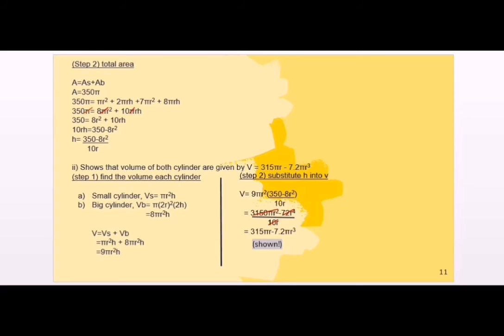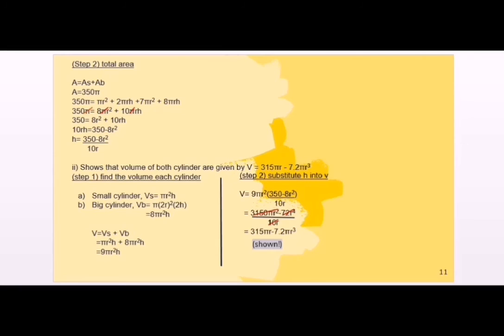Okay, the next question is question number 2, which shows that the volume of both cylinders is given by V equals 315 pi r minus 7.2 pi r cubed. For the first step, we must find the volume of each cylinder, as we know there are 2 cylinders. After we total up the volume, we write V equals 9 pi r squared h. The next step is we must substitute h into V. The original formula is V equals 9 pi r squared h.